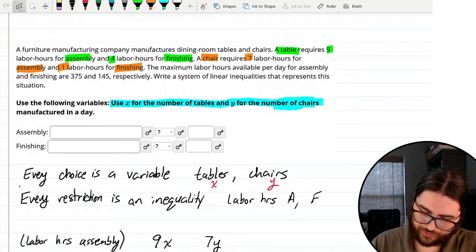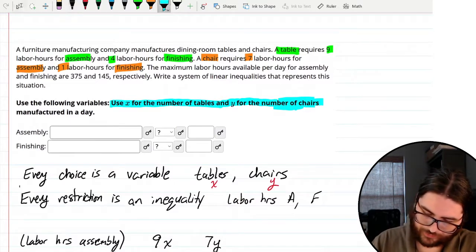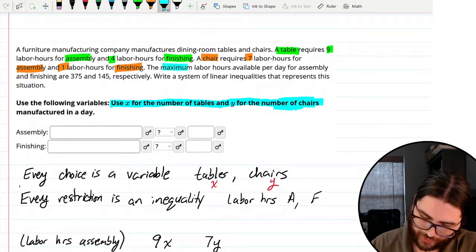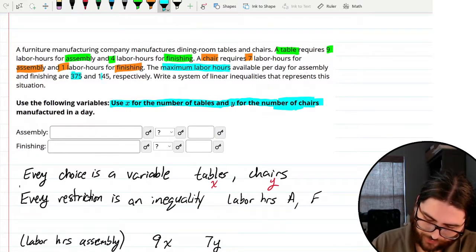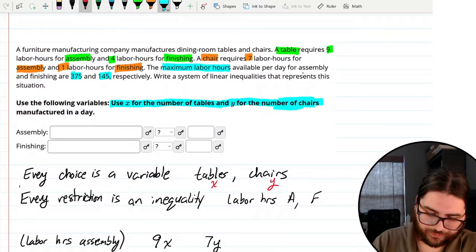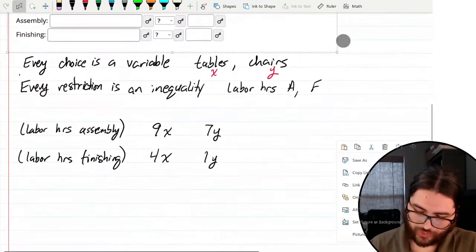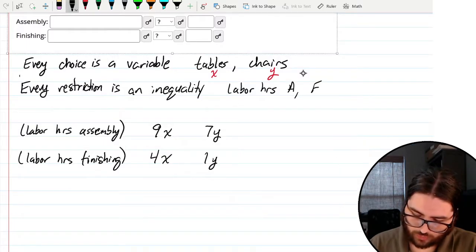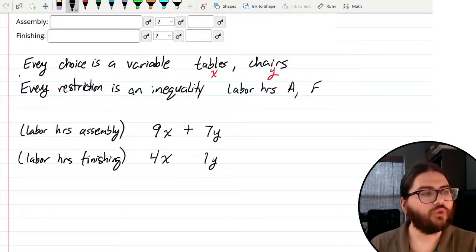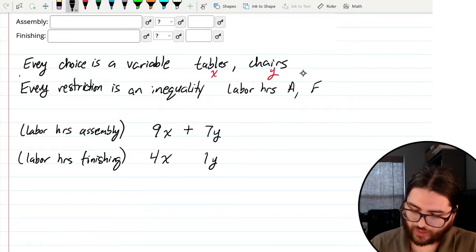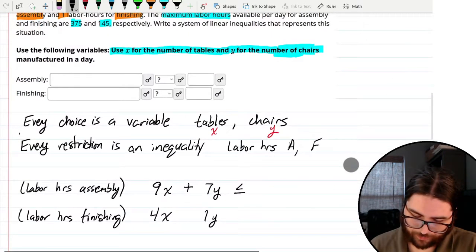Then very last, now I have the maximum labor hours are 375 and 145. So if that's the maximum I can use, that must mean the total of these two amounts of labor hours for assembly must be less than or equal to my maximum, 375.